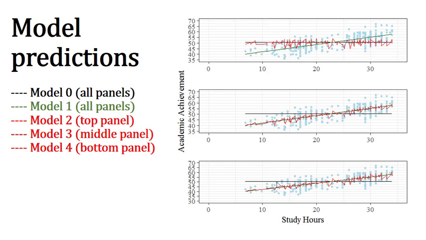So one thing that I have to warn you in this graph is that these curves look like a very complex model. In fact, they are not very complex models. They are simple models, but because I'm showing you the data related only using the variable study hours and academic achievement, then these curves look very complex.